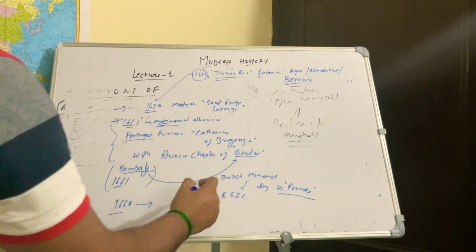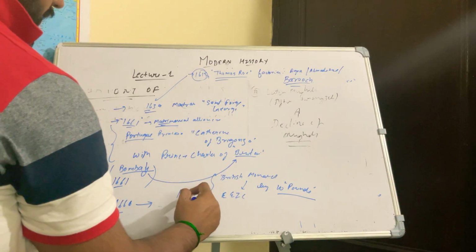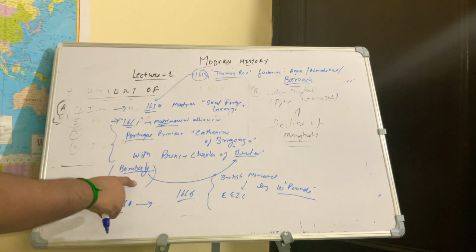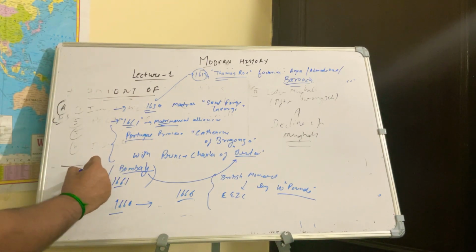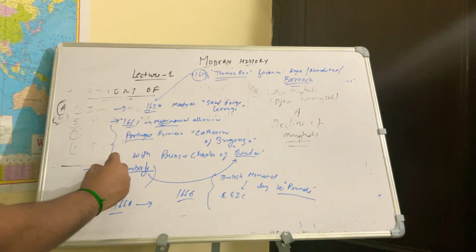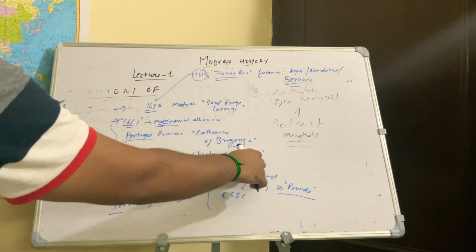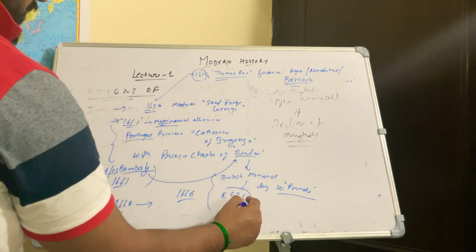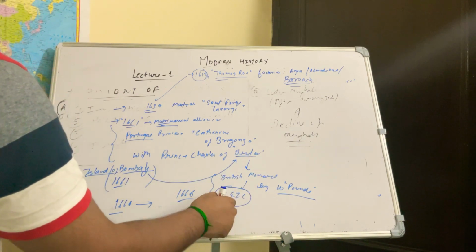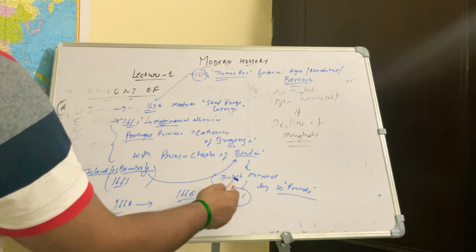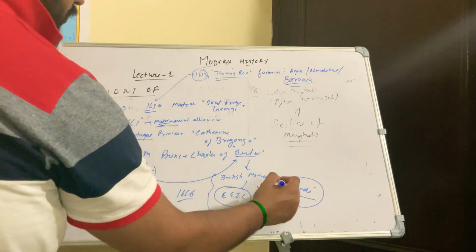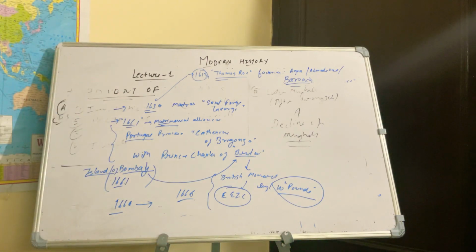So this happened in 1668, and the dowry took place in 1661, but the island of Bombay was given to Britain, and from Britain it was purchased, or you can say transferred, to the English East India Company by 1668 for only £10. So you write down the next point.